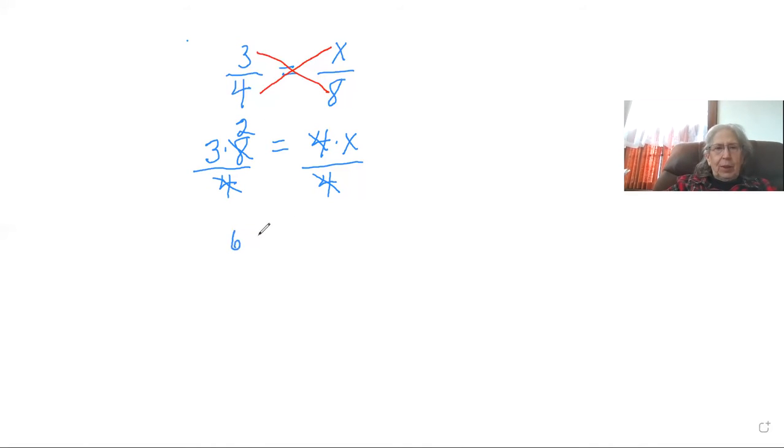Because 3 times 2 is 6 equals x. So that's how you solve one fraction equals another fraction when one of the 4 parts in the fraction, the 2 denominators, the 2 numerators, is an x.